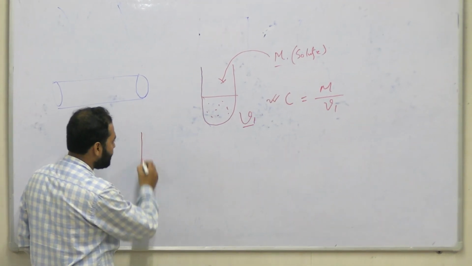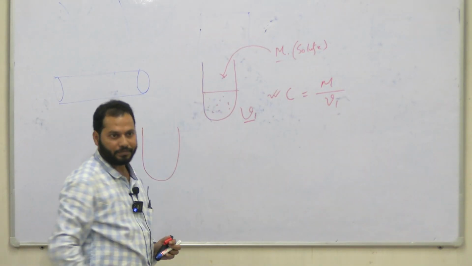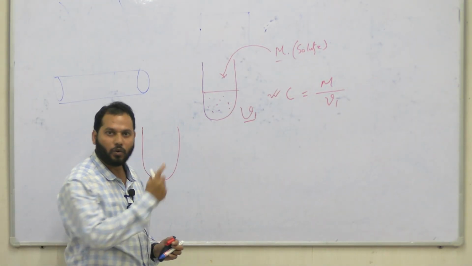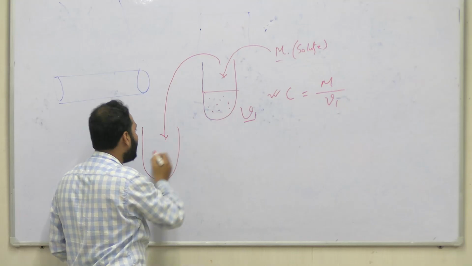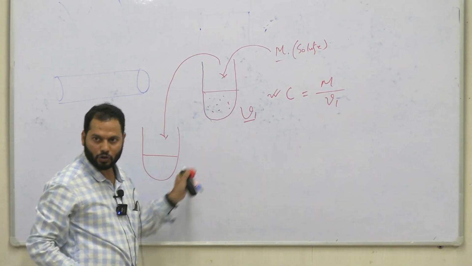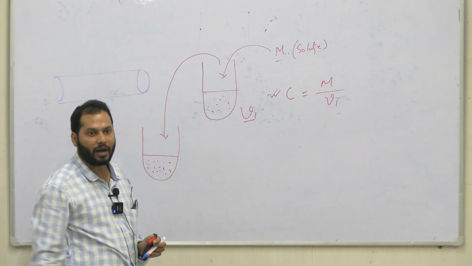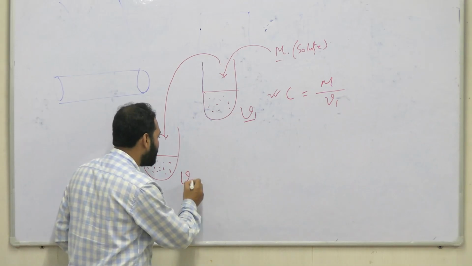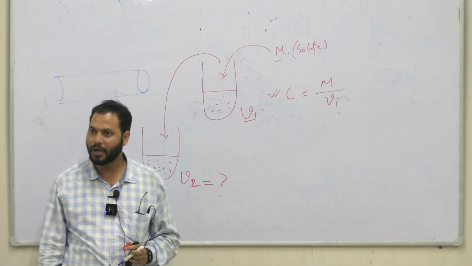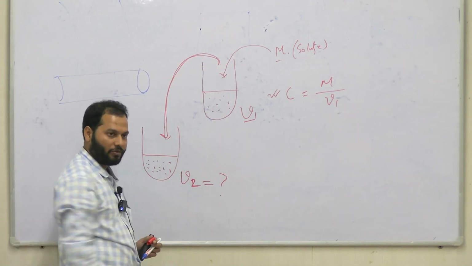Now suppose the solution which contains the dye as well as the fluid is transferred to the second tube, right? Before transferring, that tube also contains a certain amount of fluid, but that fluid is unknown. This is unknown, right? And the same dye is used in the second tube.